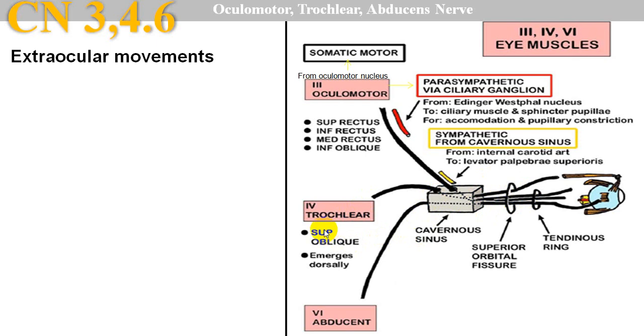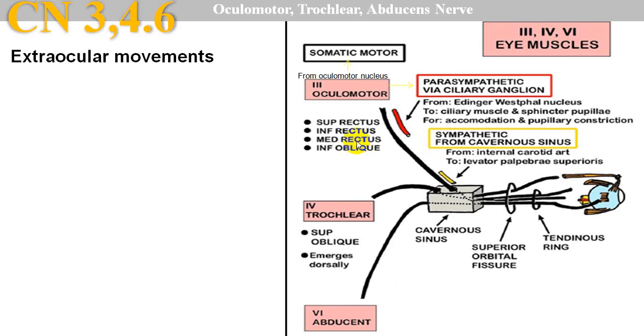The oculomotor nerve, which arises from the upper part of the brainstem, will pass through the cavernous sinus and superior orbital fissure, and then supply four extraocular muscles: superior rectus, inferior rectus, medial rectus, and inferior oblique.